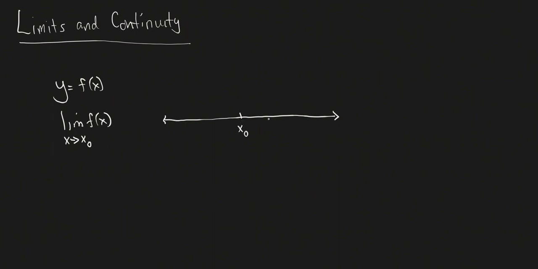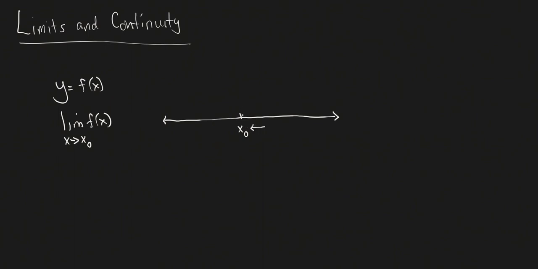And because our x-axis is linear, when we talk about approaching x0, there are only two ways that we can approach x0, meaning we can approach x0 from the right this way.